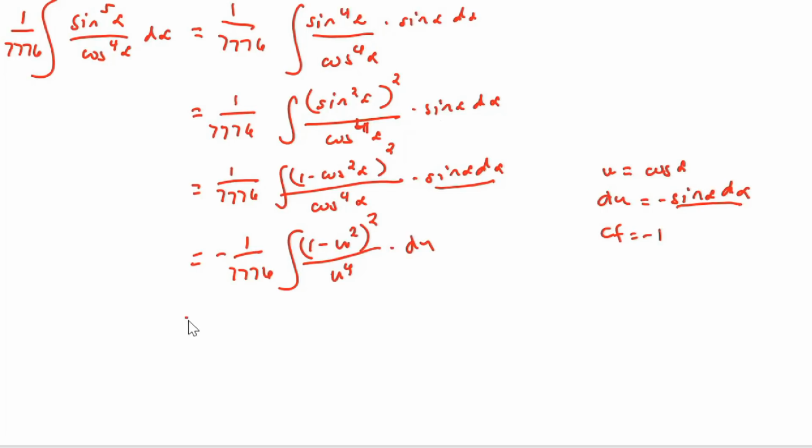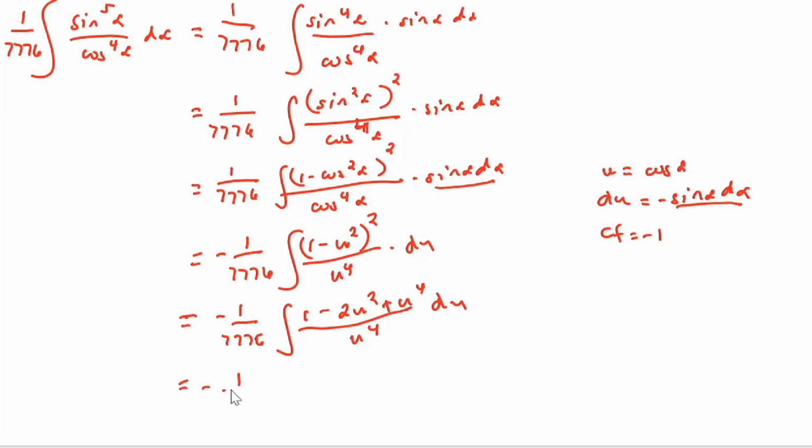So simplifying that further, we have negative 1 over 7,776. We have 1 minus 2u squared plus u to the fourth power all over u to the fourth power du, and then divide it first.